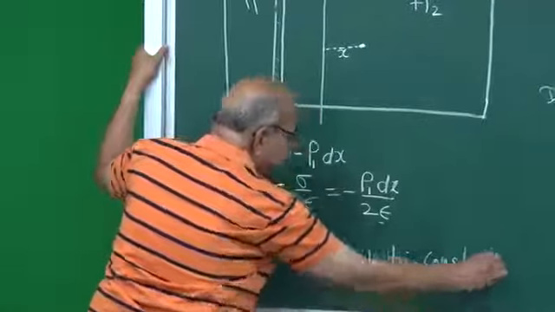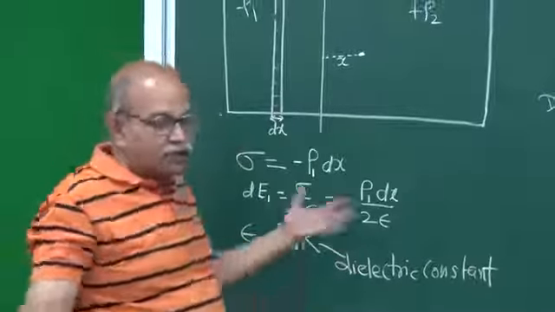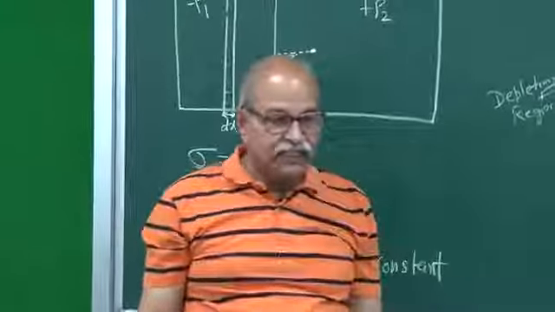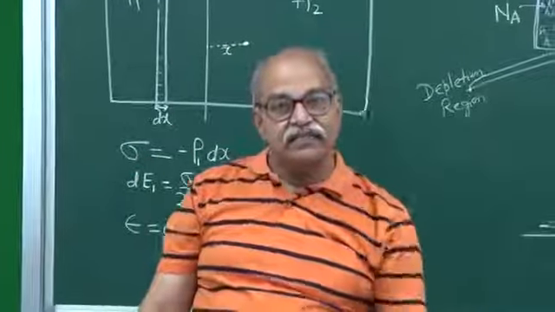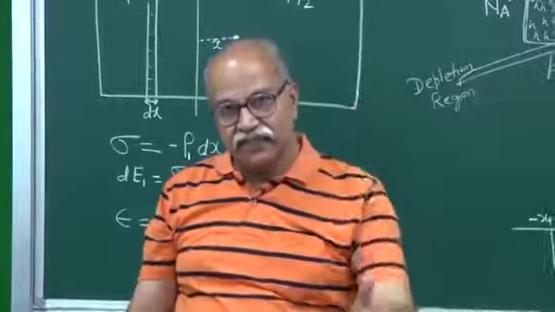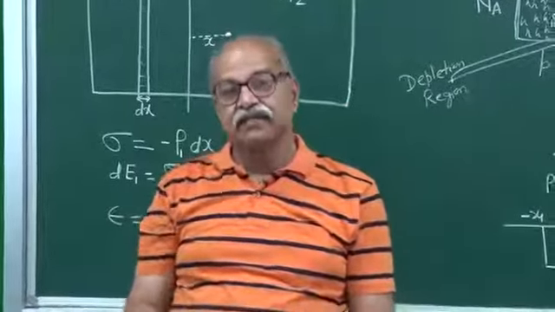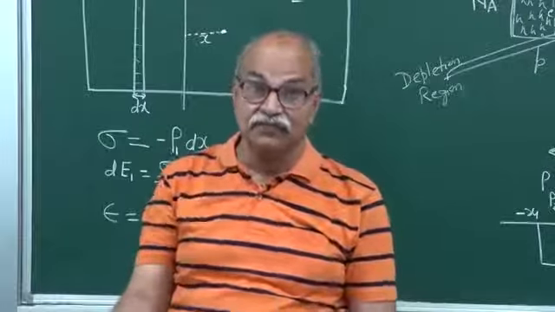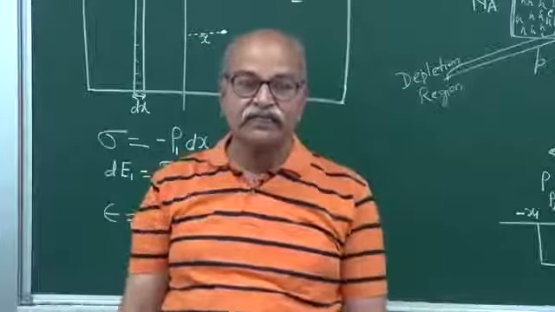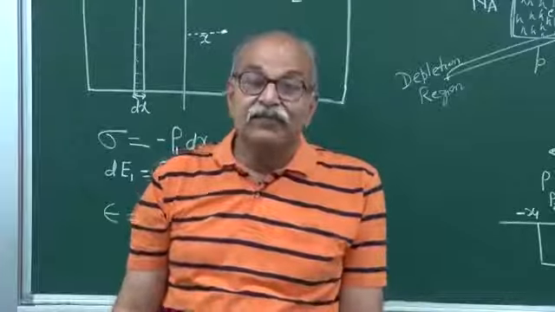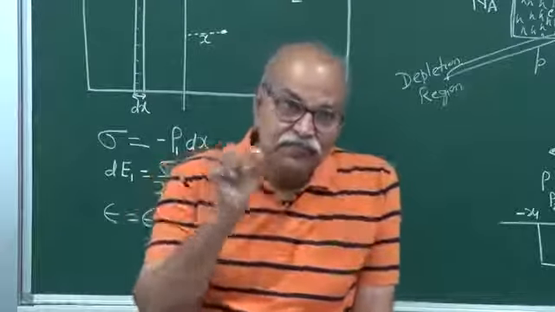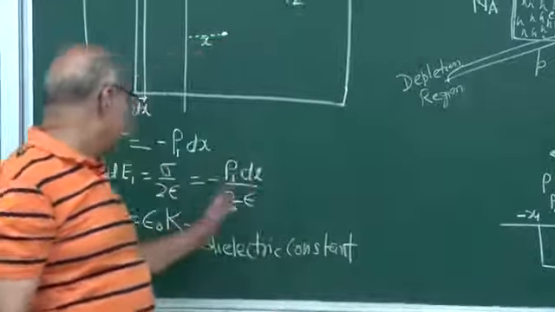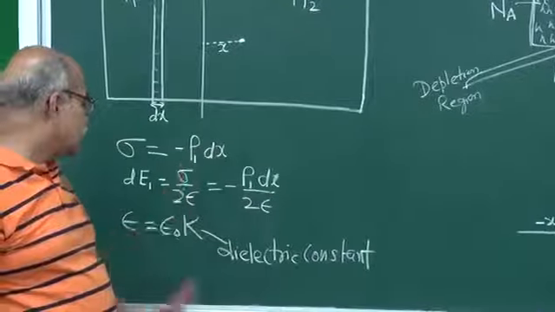In free space, in vacuum, or in air, effectively, if you have a surface charge layer of surface charge density sigma, the electric field in front of it is sigma over 2 epsilon naught. Since this whole thing is in silicon, not in free space, we put the dielectric constant also, and it becomes sigma over 2 epsilon.